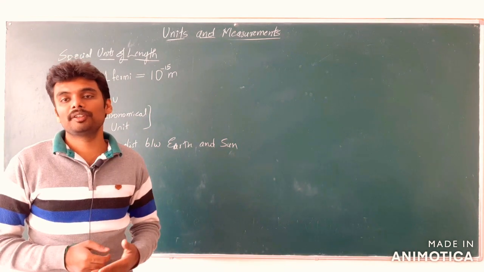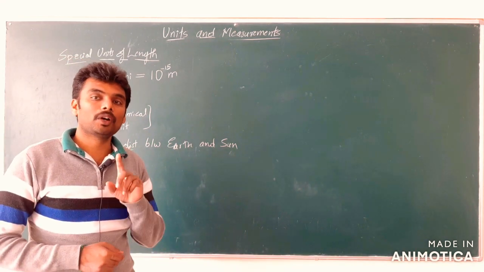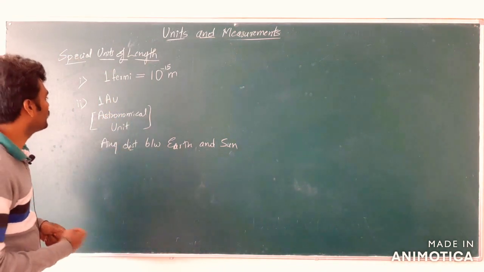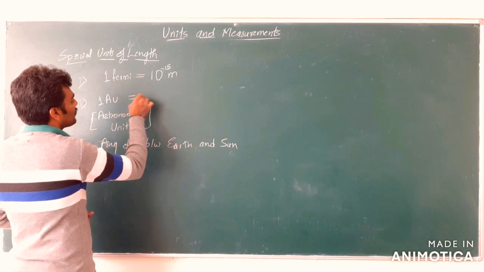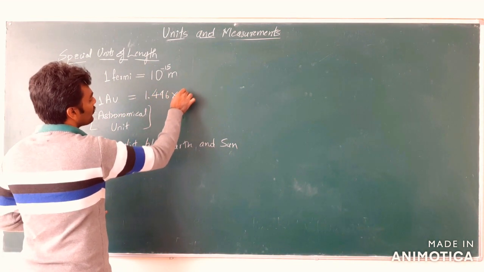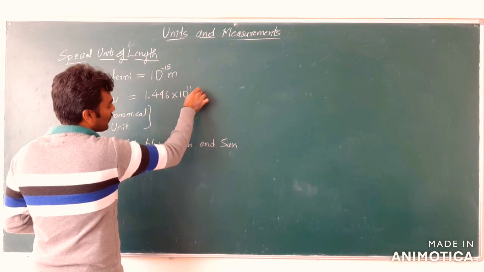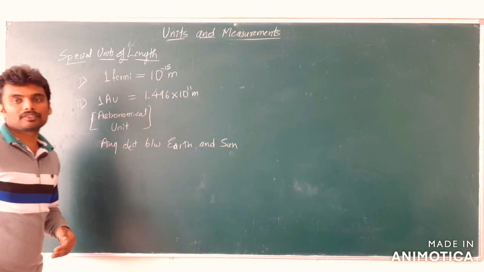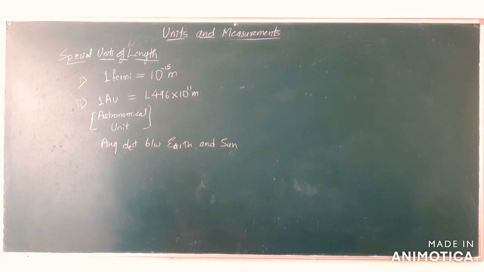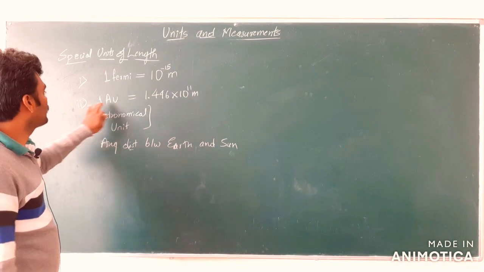The average distance between Earth and Sun is considered to be 1 astronomical unit, and the value of that astronomical unit is 1.496 into 10 to the power of plus 11 meters.